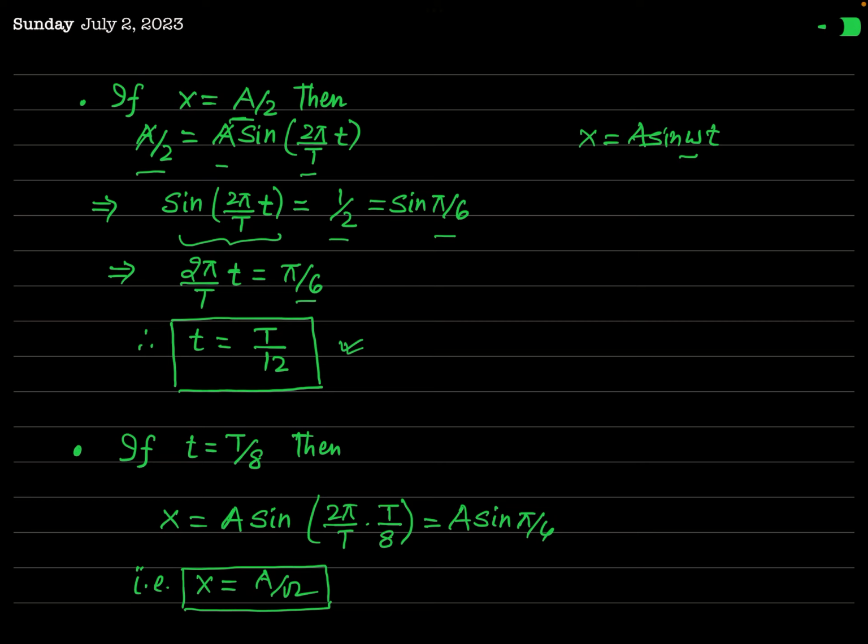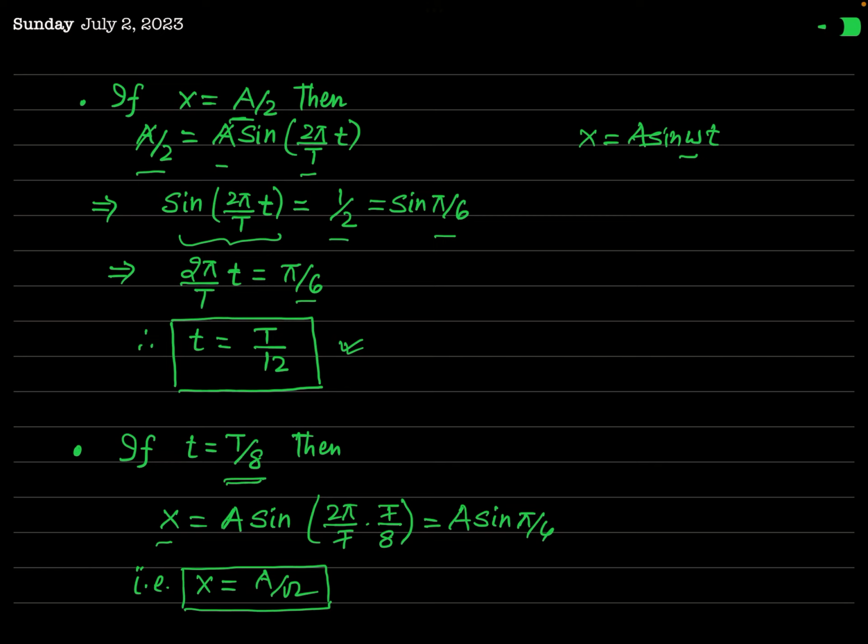Okay. Now let us take the converse situation. Now we consider that we are given a time t equal to capital T over 8. And we have to find what will be x when time is capital T over 8. So you can use the same formula. x is equal to a sin 2 pi over capital T into small t. But small t is given as capital T by 8. So this T and T will cancel out.